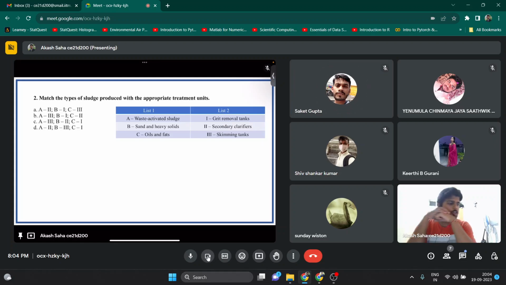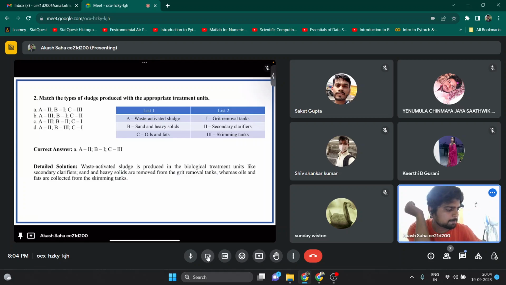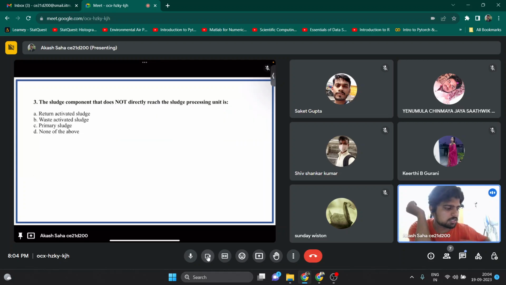Option A is correct, because the waste activated sludge will be removed in the secondary clarifier. The sand and the heavy solids, that are the suspended inorganic particles, will be removed with the grit chamber, and then the oil and fats will be skimmed off in the skimming tank. Okay, so this is the answer.